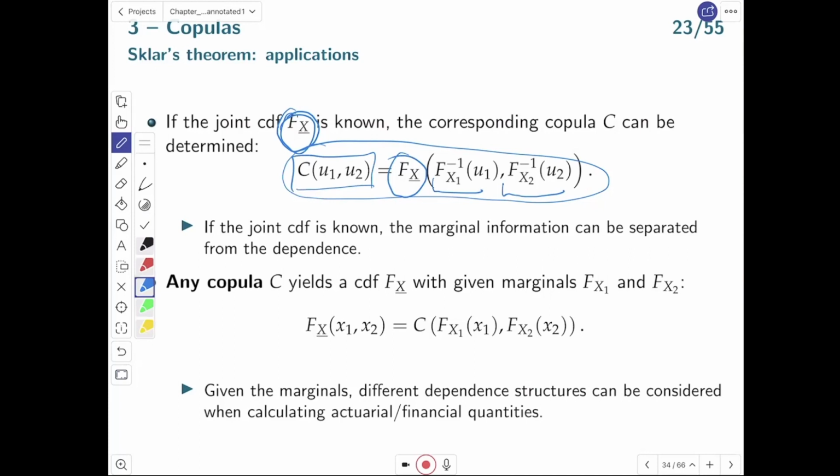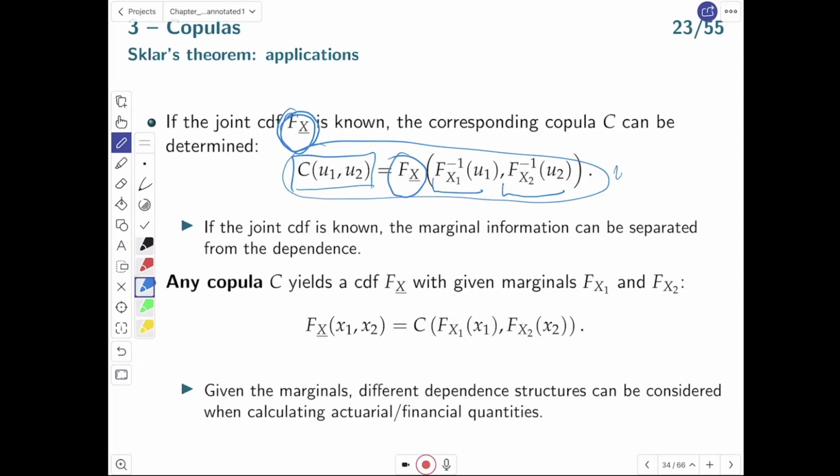So it means I'm looking at a joint CDF, but if I look at the joint CDF, I see marginal information and dependence information which is mixed. With this formula here, I take out the marginal information and I'm only looking at the dependence information, right? And I can compare this copula with maybe another copula to understand how this joint CDF has a different dependence than another joint CDF.